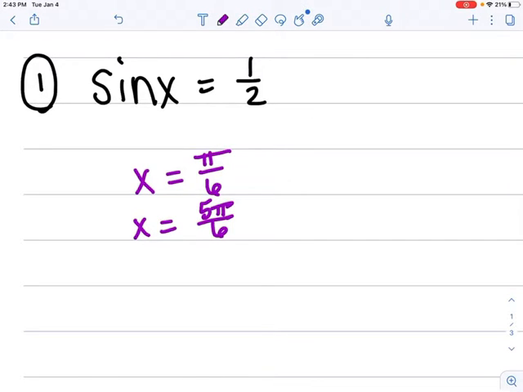Or if you want to think graphically, it's going to continue to oscillate in those waves. So if we're talking about the sine or cosine, we know that the period is 2 pi. So this is going to happen every 2 pi, and we're just going to say n. So that will account for it happening every single rotation.